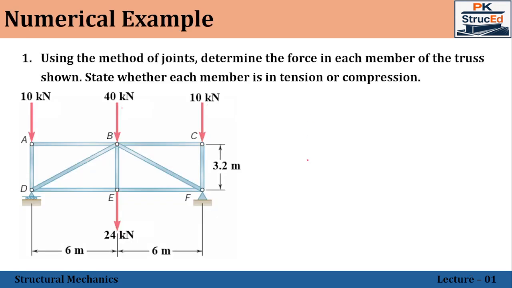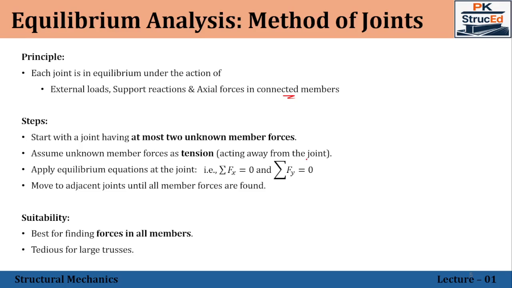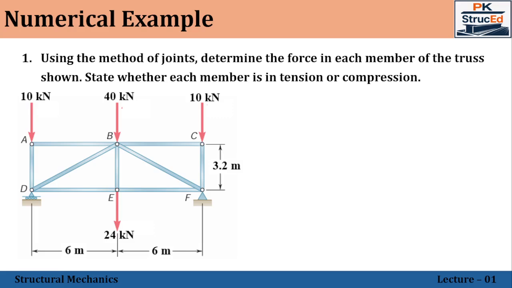For a plane truss joint, we will be satisfying this condition: sigma Fx equal to 0 and sigma Fy equal to 0. The method of joints is best suited for finding the forces in all members and becomes tedious for large trusses.